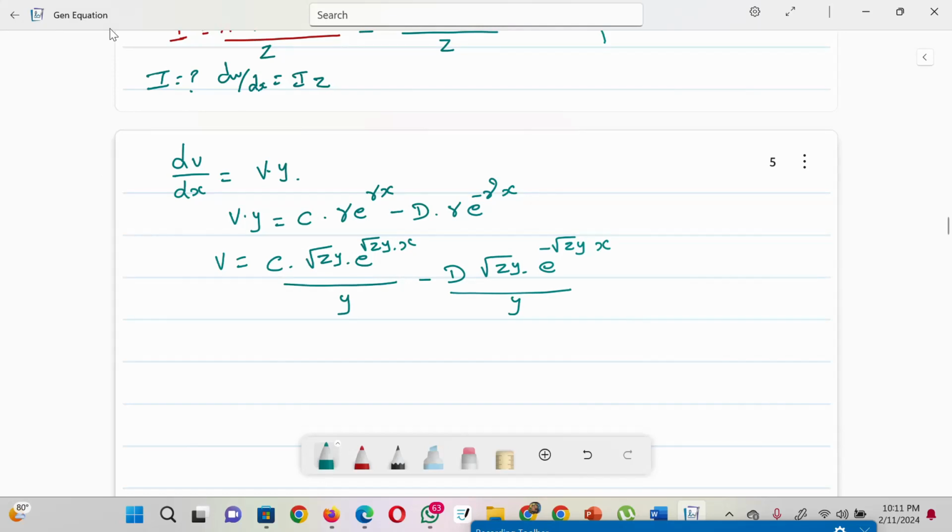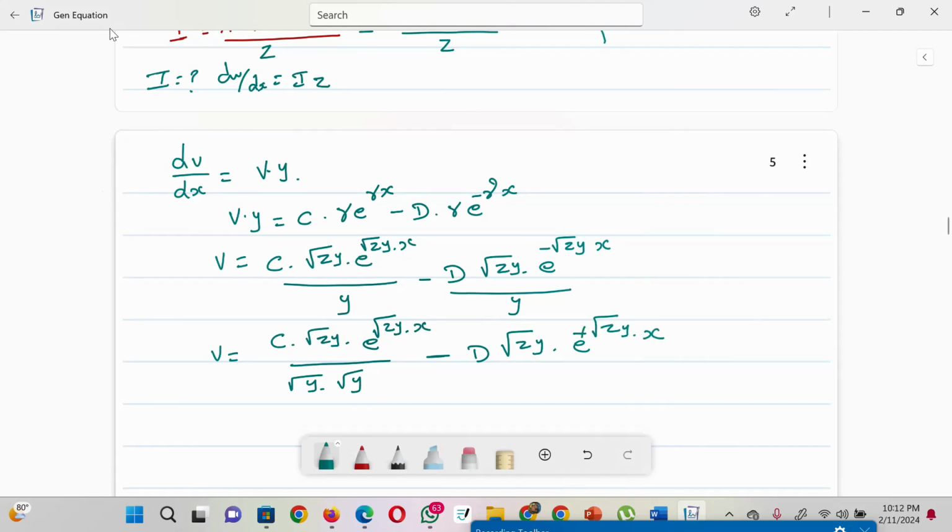The same thing here also, we are going to multiply with root y in the denominator on both sides: c into root zy e power root zy into x over root y, minus d into root zy e power minus root zy into x. So this is not a minus; we bring the minus here, and it automatically becomes a plus.